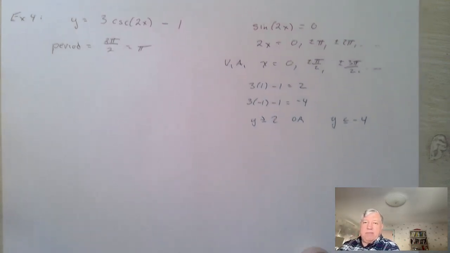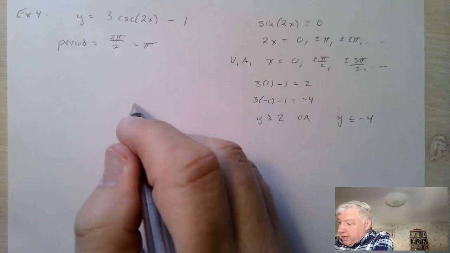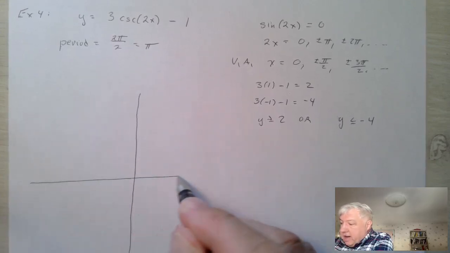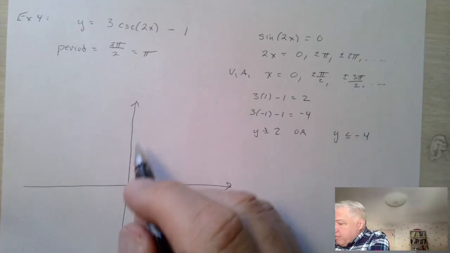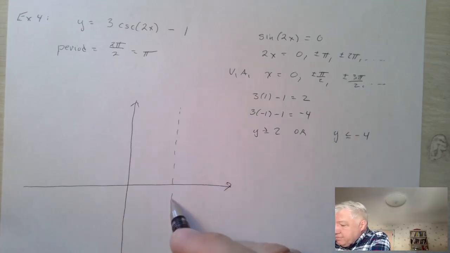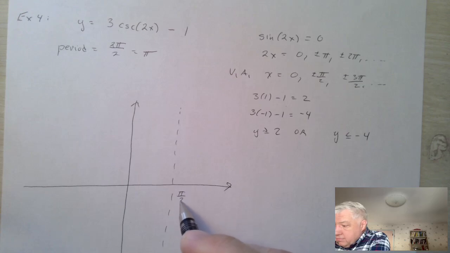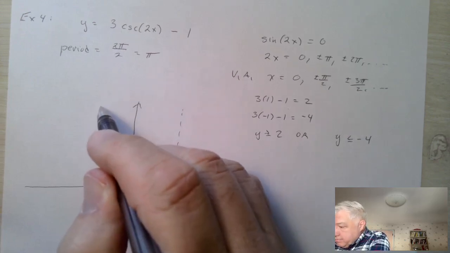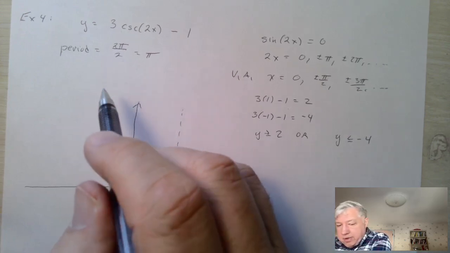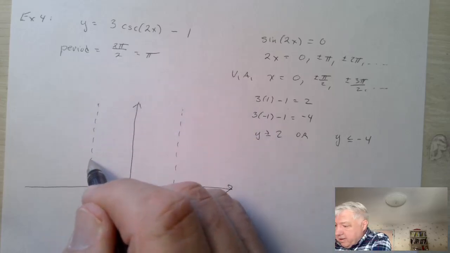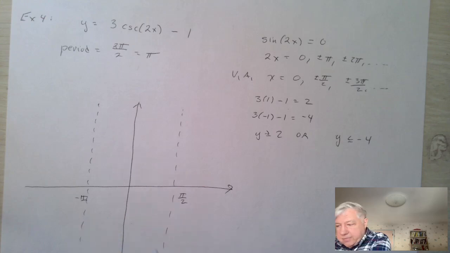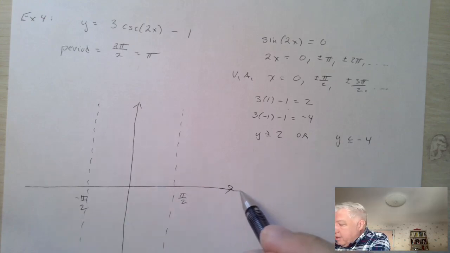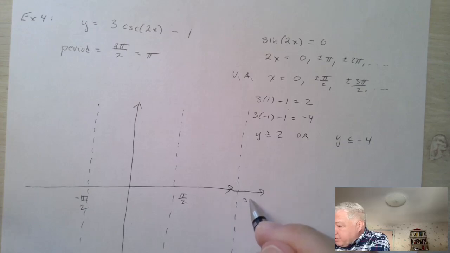Okay, so keeping that in mind, we can draw our asymptotes. They'll be at 0, pi over 2, and we'll have another one at negative pi over 2, and we could draw maybe one more here at 3 pi over 2.